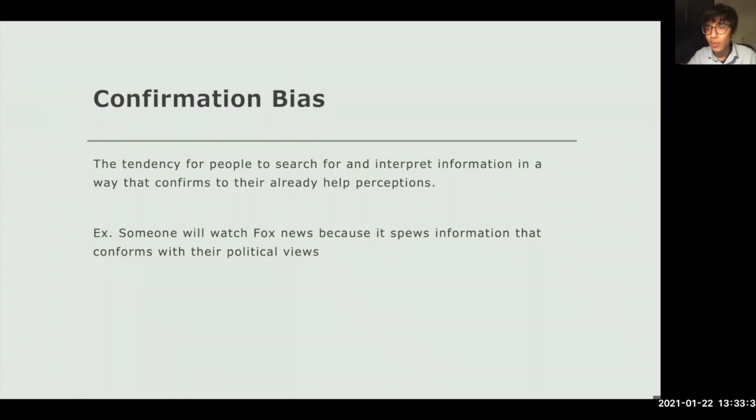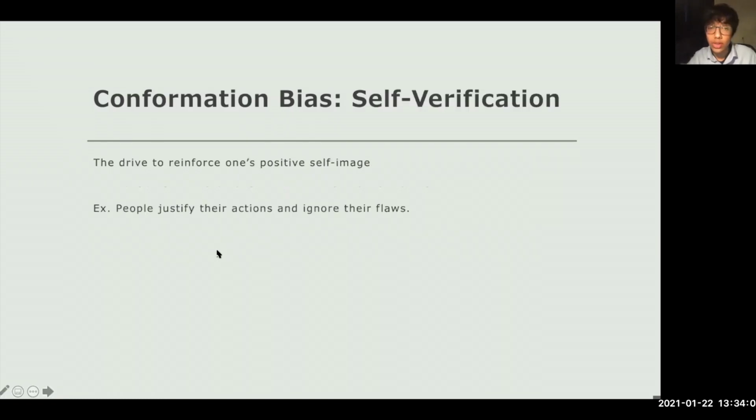And I think that's normal because we as humans like to not be wrong, and we actively try to seek out information that conforms to our beliefs. For example, someone will watch Fox News because it spews information that conforms with their political views. And someone, on the other hand, might watch MSNBC because they support what MSNBC correspondents and journalists are more likely to say.